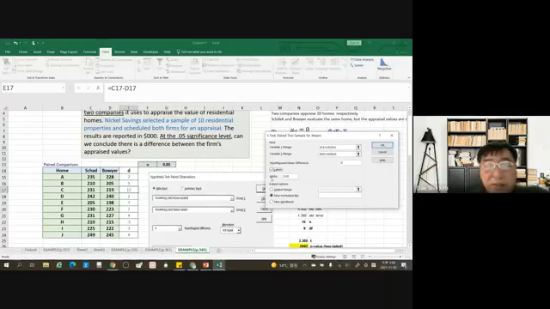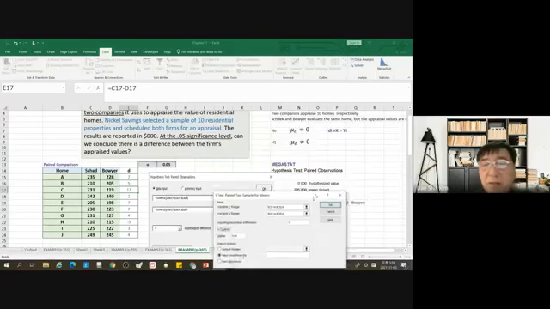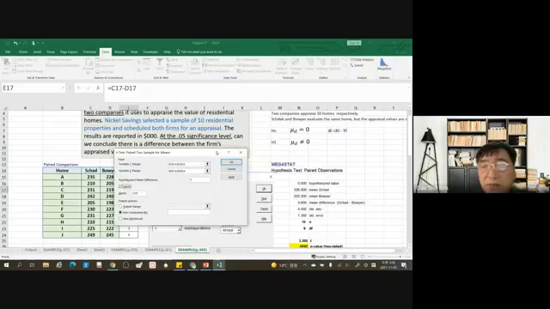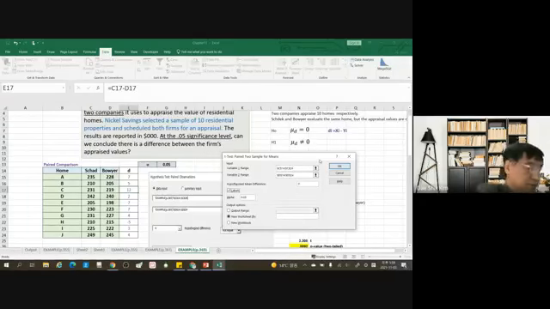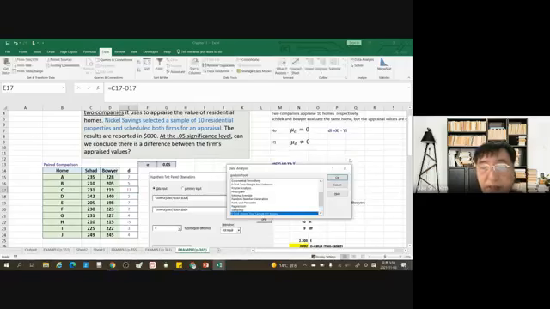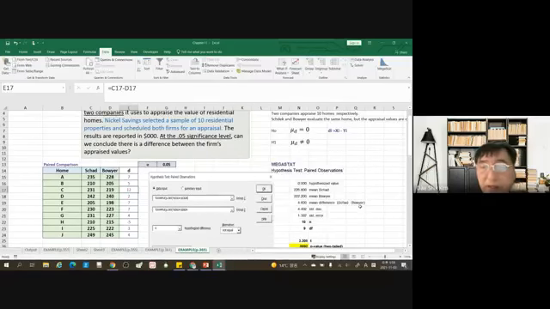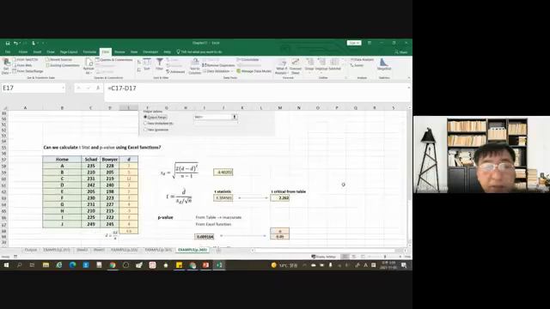Labels yes. Alpha, I forgot, is 0.05. So this is okay. And the output range is selected or a new worksheet, and click it. Okay, then it will give you a result like this.